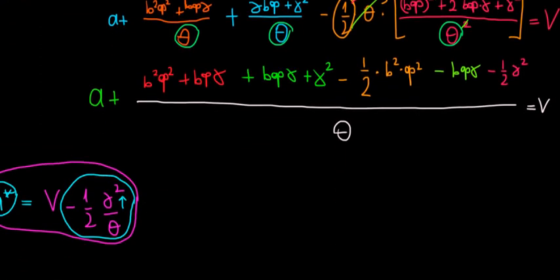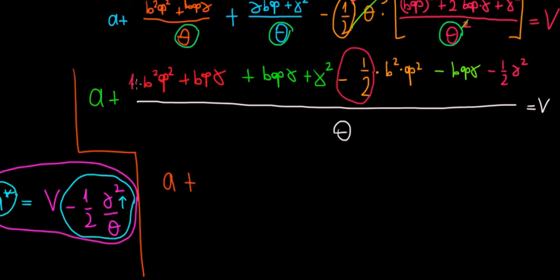Now, with that said, we could start grouping some terms because we have common terms over here. Let's make space like that. We have a plus. Now, what can we group? Let's see. B squared theta squared. Any other b squared theta squared? Yes, minus 1 over 2 b squared theta squared.